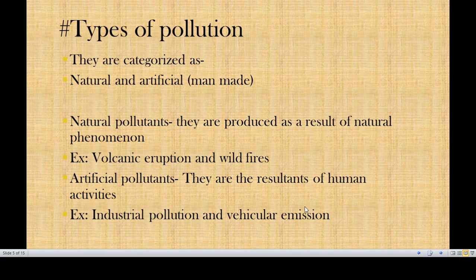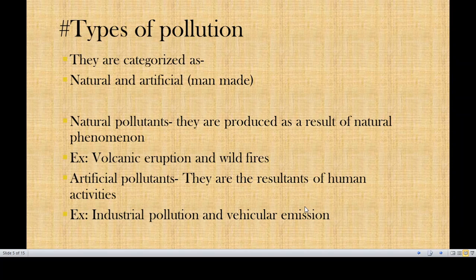Let's understand what we mean by a natural pollutant. Natural pollutants are something which is a result of natural phenomena. What do you mean by natural phenomena? For example, wildfires, volcanic eruptions, or maybe a tsunami.